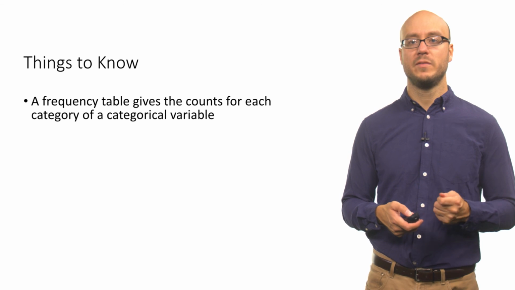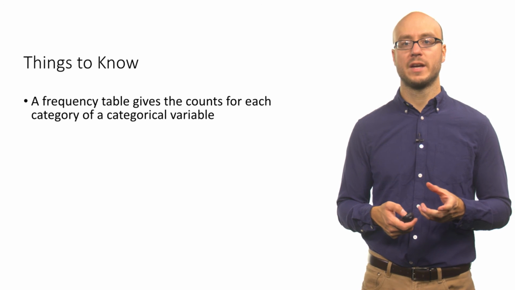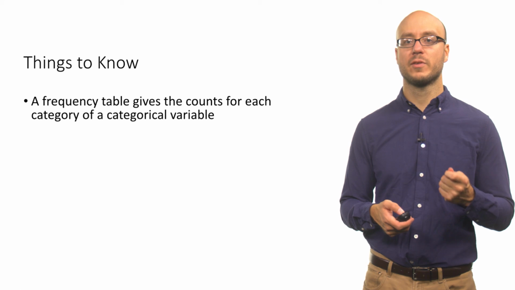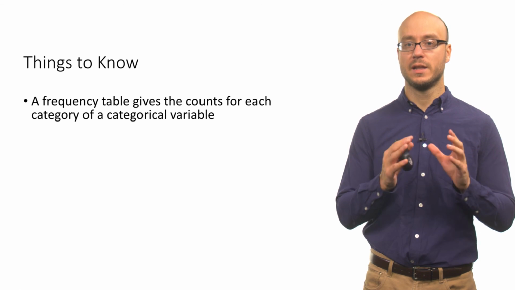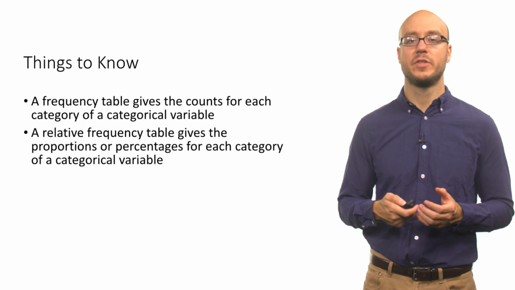So in general, things to know for this discussion about categorical data: when you have a single categorical variable and you want to create a table or visualize it, a frequency table will give you the counts for each category of a categorical variable. To put it another way, a frequency table gives the counts for each level of a factor. It means the same thing.